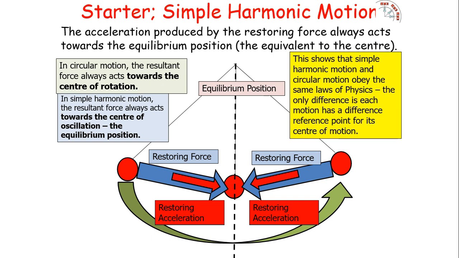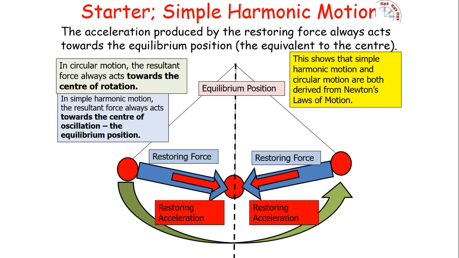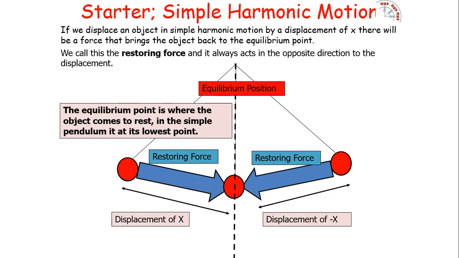So this actually shows us that simple harmonic motion and circular motion obey the same laws of physics. The only difference is each motion has a different reference point for its center. So it shows that simple harmonic motion and circular motion are both derived from Newton's laws of motion. They're the same physics principle, but from different frames of reference.